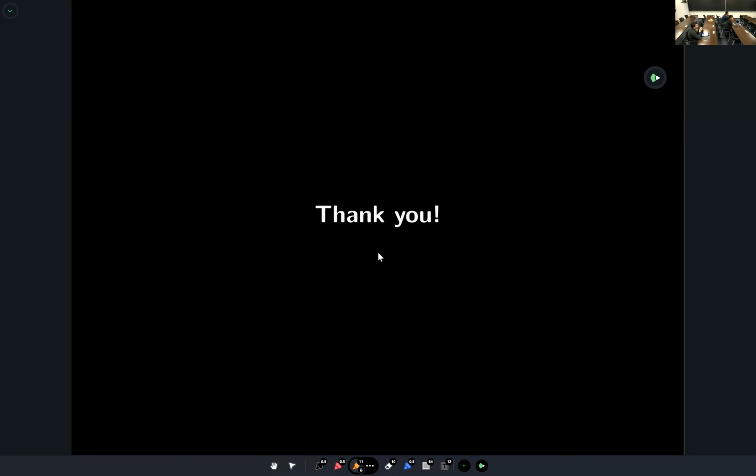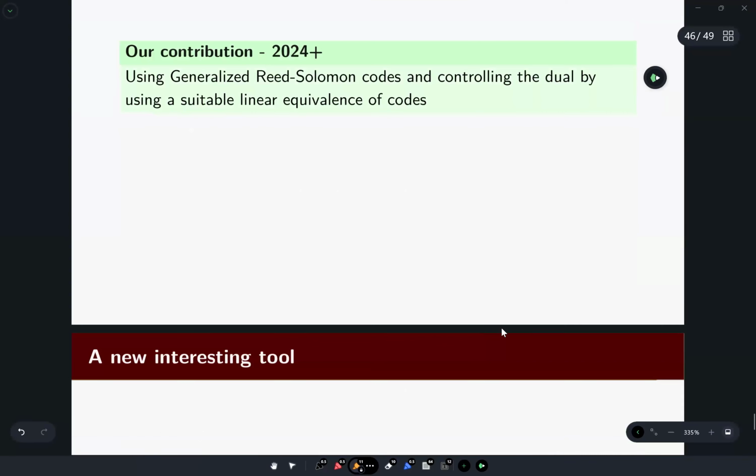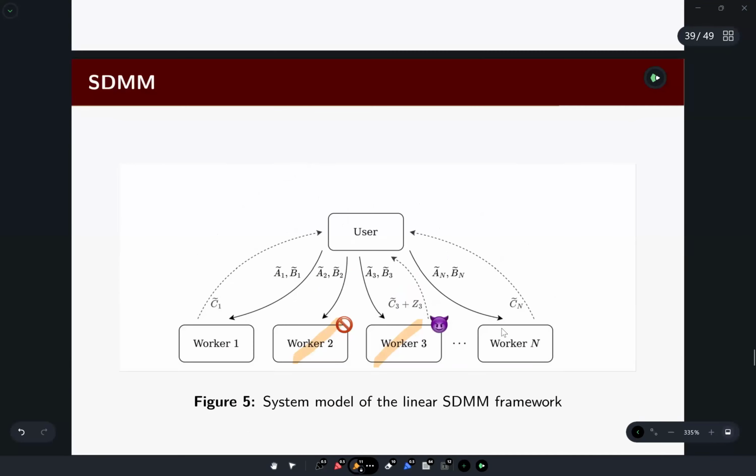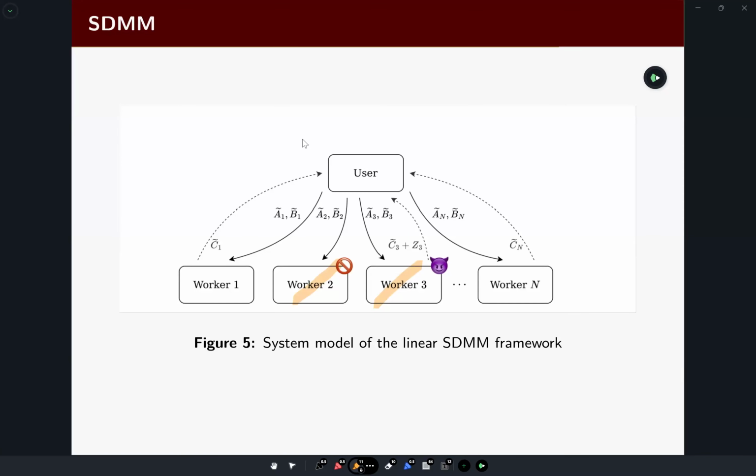I see there is a question in the chat, which I can read to you, from Yannis. He says, what is the criterion for characterizing a node as a good actor or a bad, malevolent actor? So we distinguish the nodes into three categories.